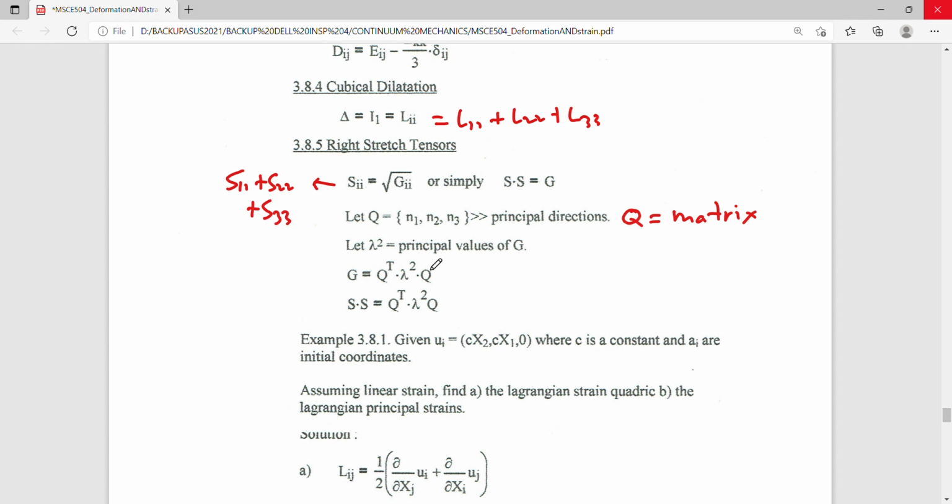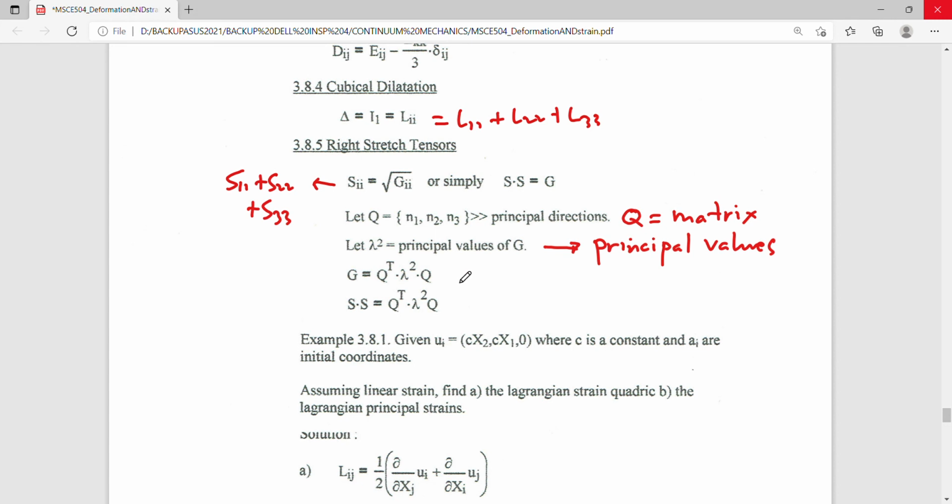So it is very important that you convert or you get the value of G in terms of the principal values. Okay? Because if you will not use the principal values, then your right stretch will not be the same.